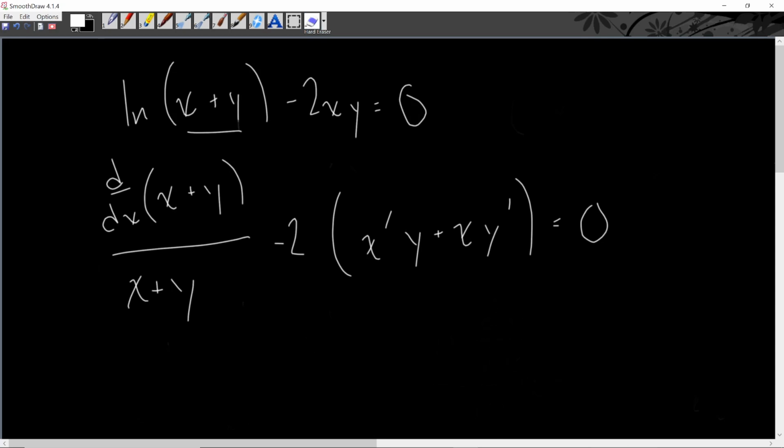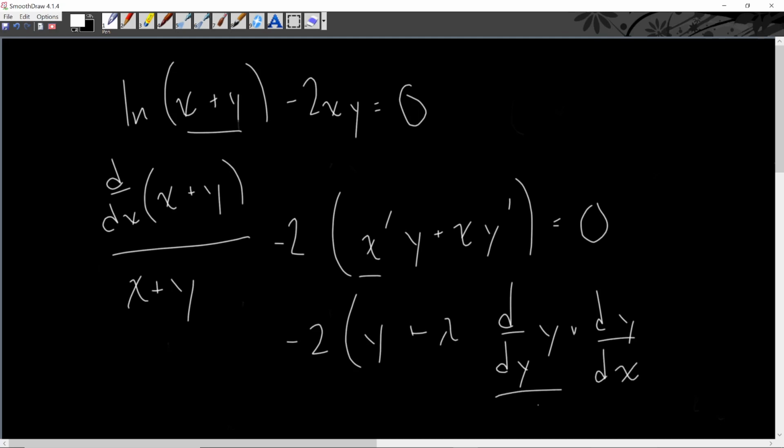So let's keep that in the back of our mind, 1 plus dy/dx over x plus y. And then we can do the derivative of x, which is going to be 1, so we have minus 2 times 1 times y, plus x times y prime, which is again dy of y times dy/dx. This evaluates to 1, so we're just going to be left with x times dy/dx.